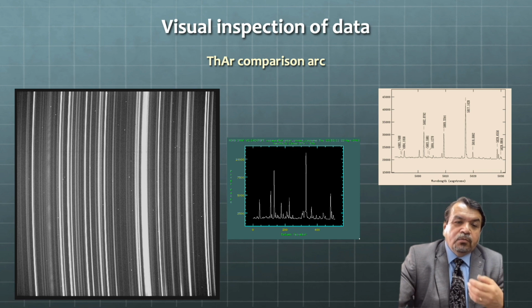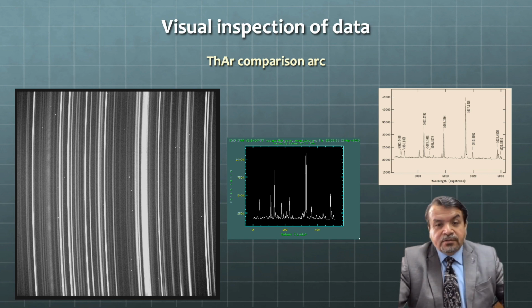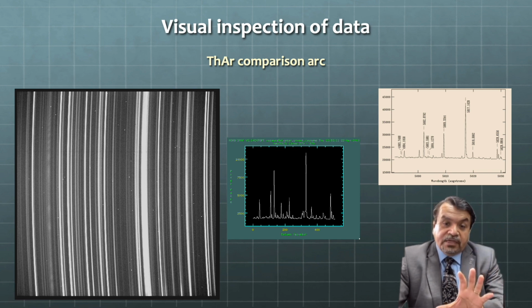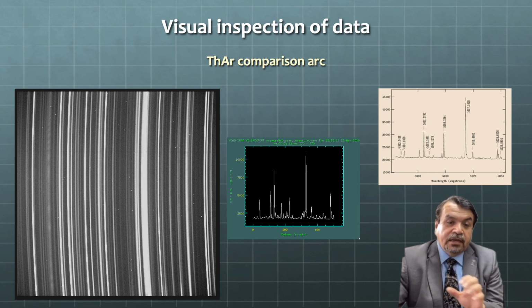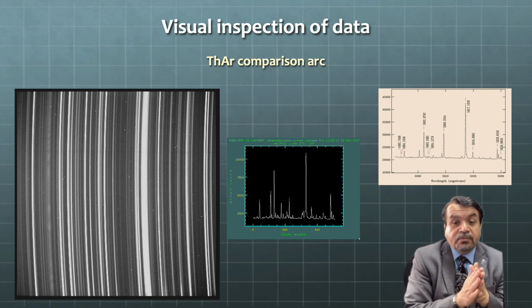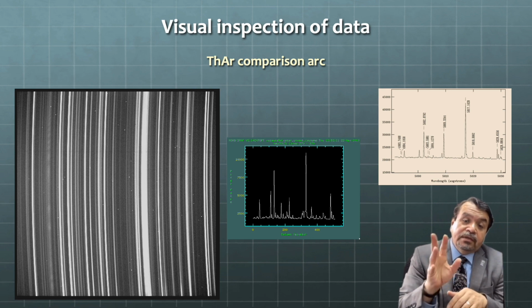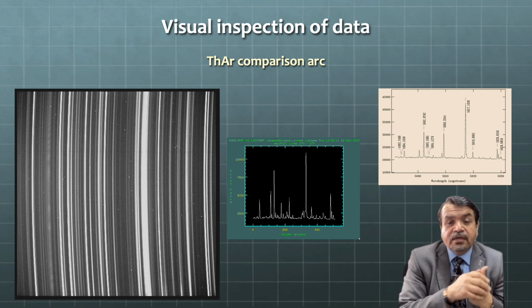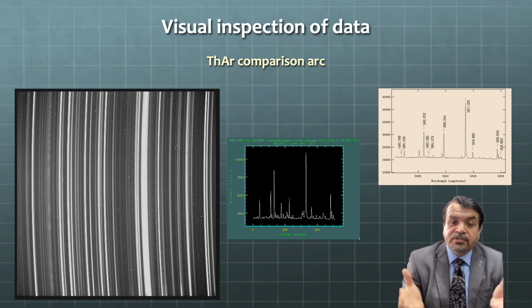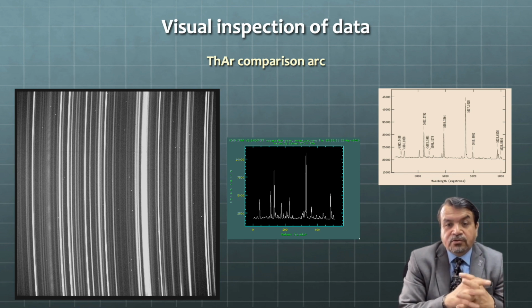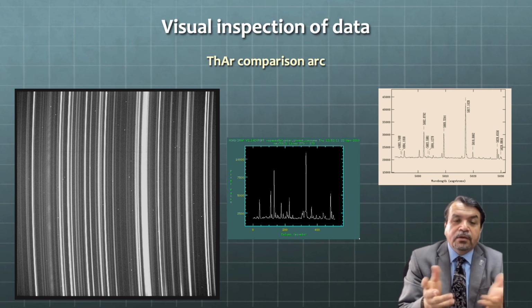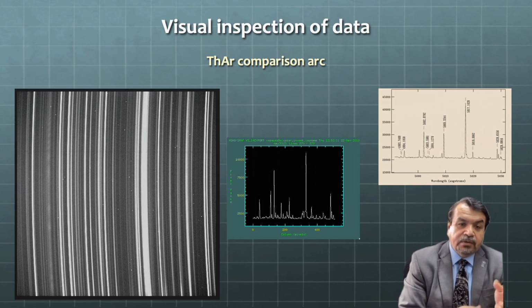Then, when we make a cut of our spectrum, we can compare it with what already exists in the observatory. That is what will help us in the wavelength calibration process. So the information is important. If we don't have it at our disposal, there are websites that tell us what a thorium-argon lamp is like in a certain spectral range, and from there we obtain the necessary numbers for calibration.